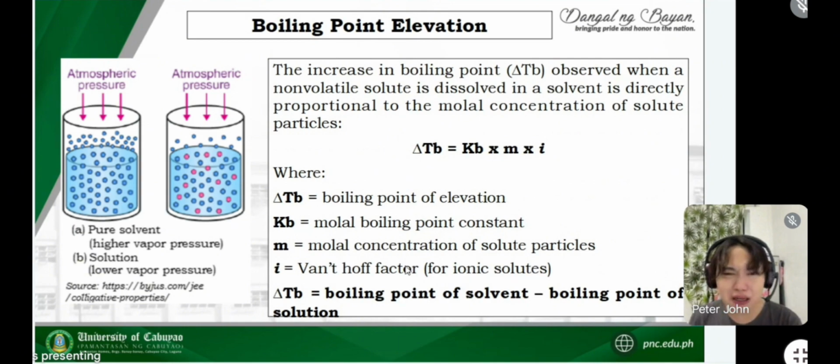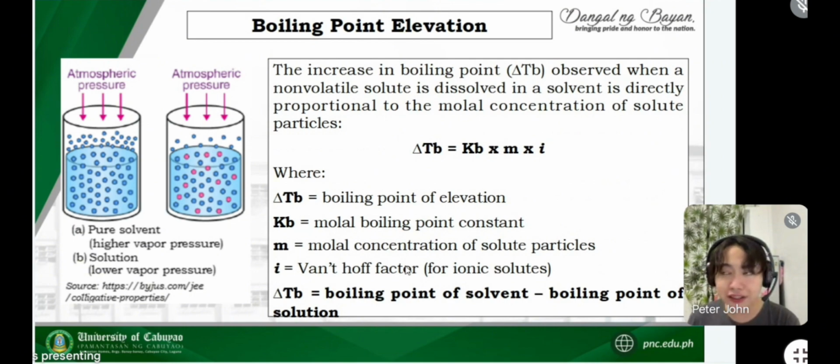Sir, ano naman po yung Van't Hoff factor? So, normally, this Van't Hoff factor is a value wherein, kumbaga, ilang ion or ilang molecule yung present na mamimix natin sa mismong solution. Kasi nga, nagmamatter siya kung gaano kadami yung ion na ihahalo natin sa mismong solution.